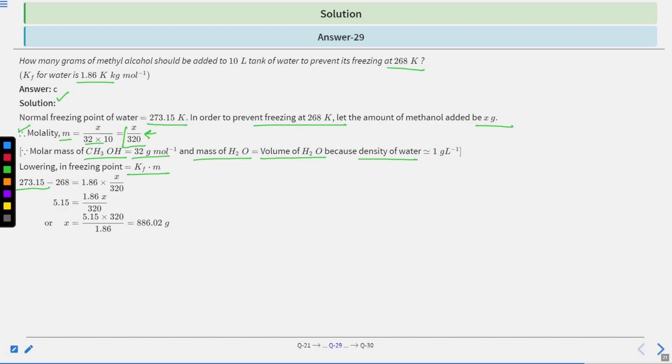Molality is X upon 320. So it is coming out as 5.15 equals 1.86 X upon 320. On interchanging the terms, we have the X value equal to 886.02 gram. Hence, option C is the correct answer.